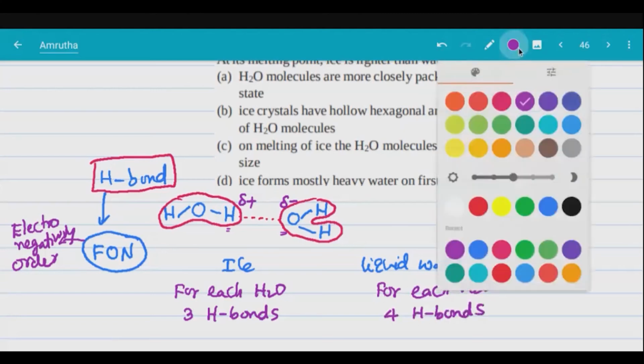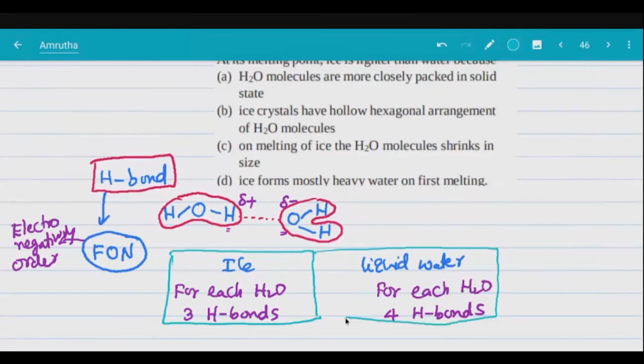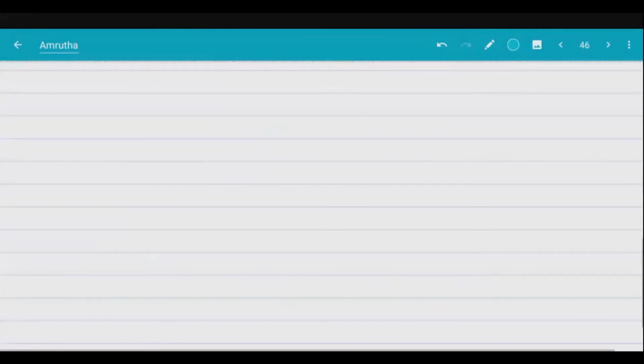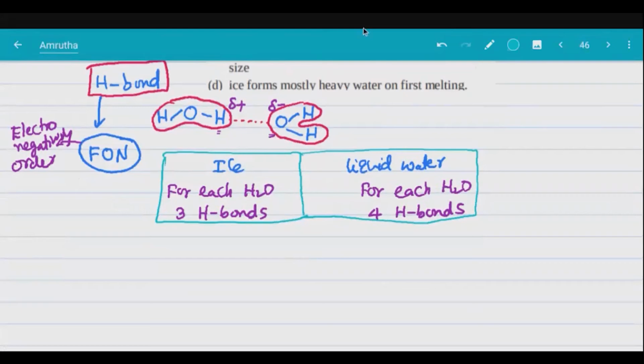So that's the main difference between ice and liquid water. The main difference is the number of hydrogen bonds. See this? Each water molecule is bonded to three other water molecules.